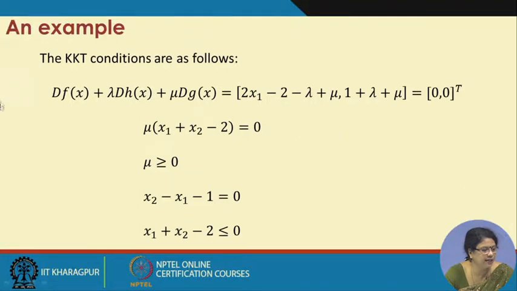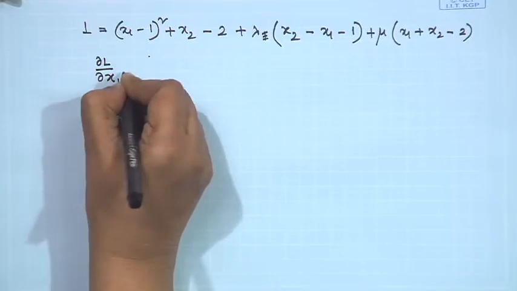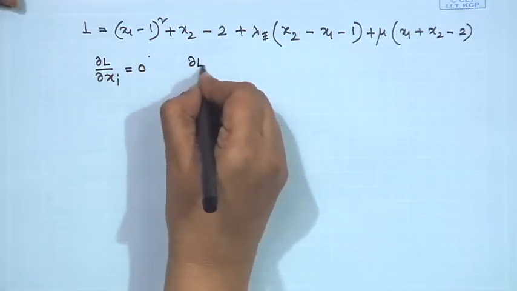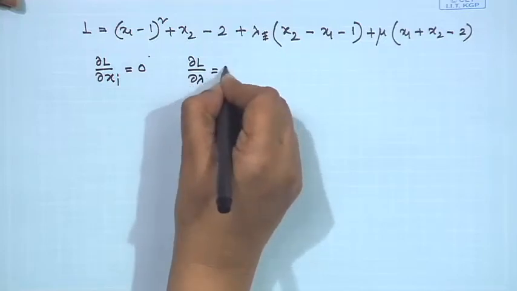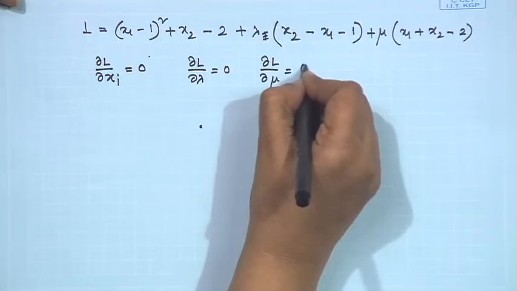Now, if we consider the KKT conditions, then we will get a set of KKT conditions. This is the optimality condition. Optimality condition we will get through del L by del x1 equal to 0, del L by del x2 equal to 0, del L by del lambda is equal to 0, del L by del mu equal to 0.